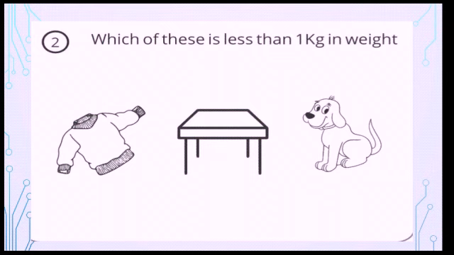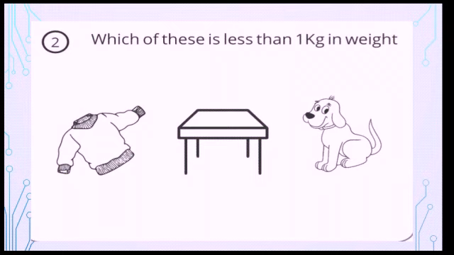So from the picture you can easily understand. First one is a cloth. It means it's a sweater, I think. And next one is a table. And the third one is a dog. So which of these is less than 1 kg in weight?